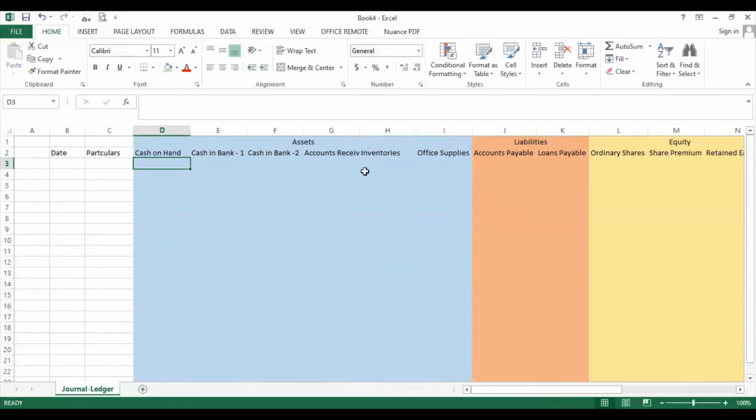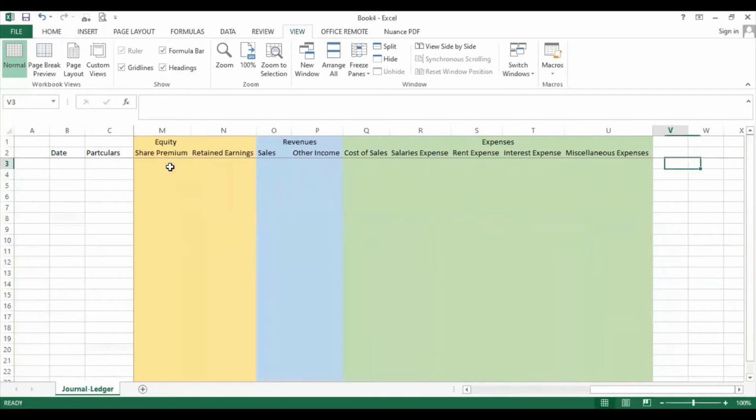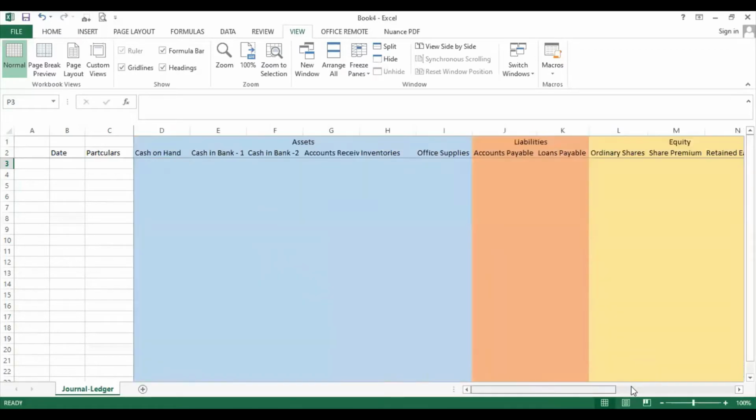Always remember, you put your cursor below your header before clicking the view ribbon, freeze panes, and choose freeze panes. So we are freezing this portion and the header portion. Now when we go to our miscellaneous expense, we are still able to see the date and the particulars.